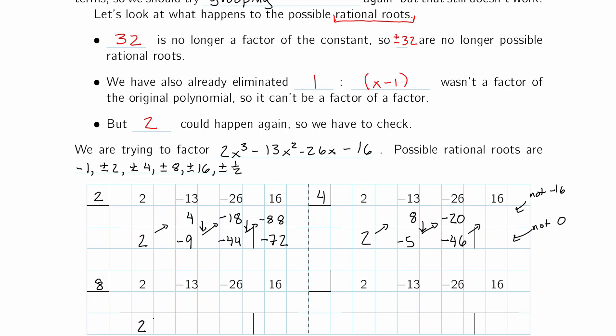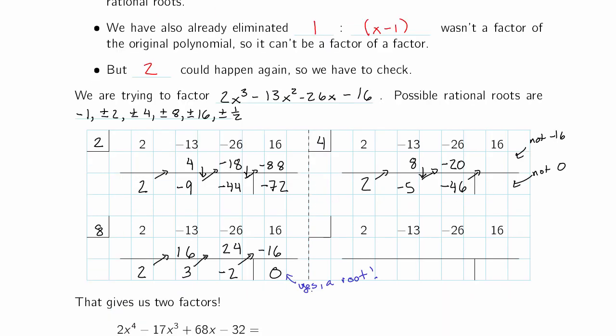Drop down the 2. 2 times 8 is 16, plus negative 13 is 3. Times 8 is 24, plus negative 26 is negative 2, times 8 is negative 16, and that adds up to 0. All right, 8 is a root. All right, got it in 3 tries.